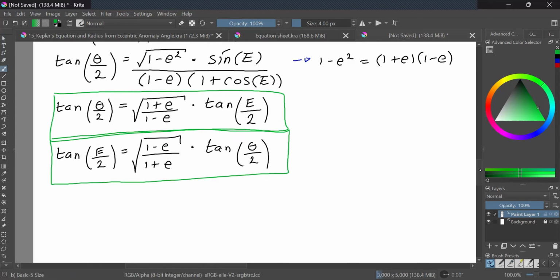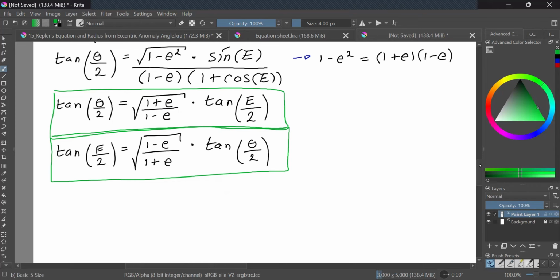Now, ordinarily, I would give you all an example showing how all of these equations can be used. I'm not going to do that with this video. I'm electing not to do that with this video.